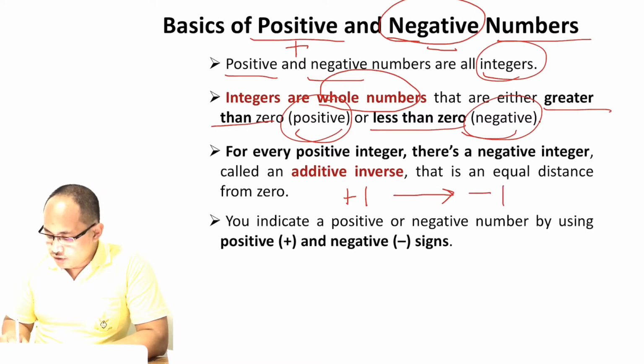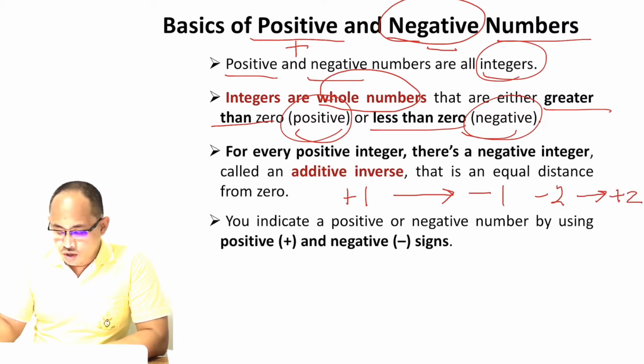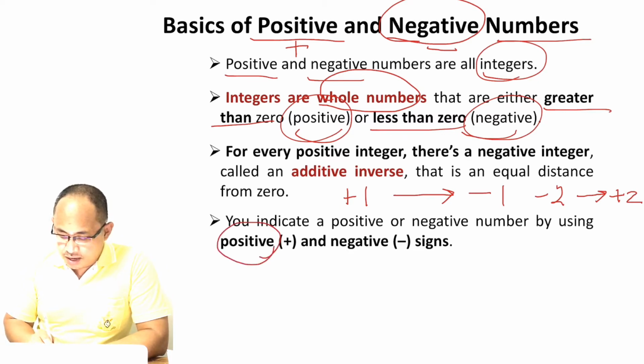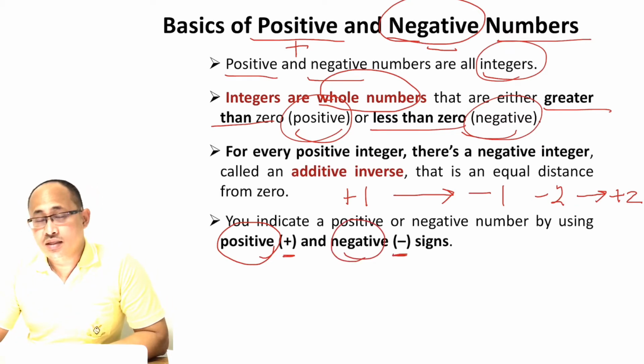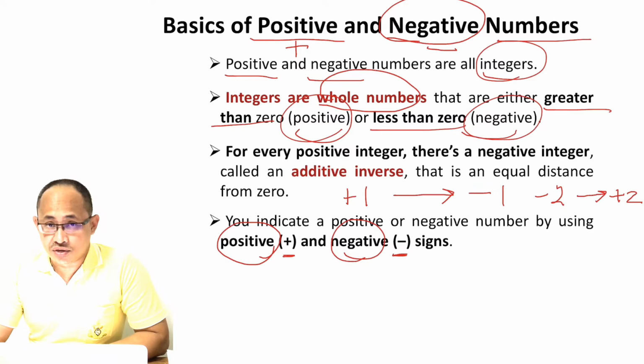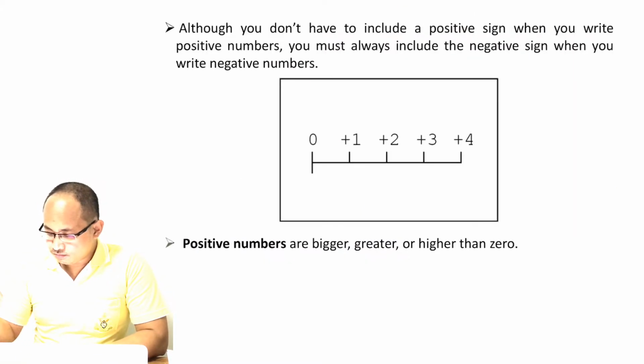If you have negative 2, there is a corresponding number on the positive side, which is positive 2. Now, a positive number is indicated by a plus sign, as we review, and a negative number is indicated by a minus sign. And that is what composes integers, positive and negative numbers.